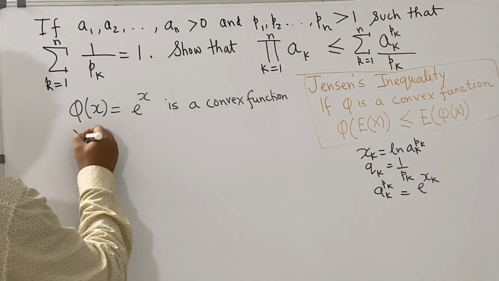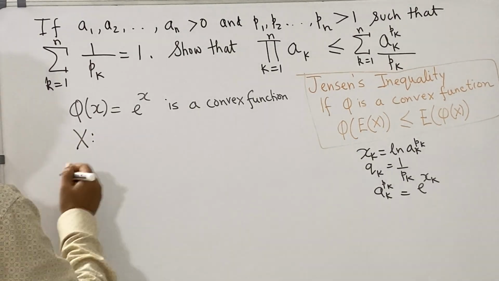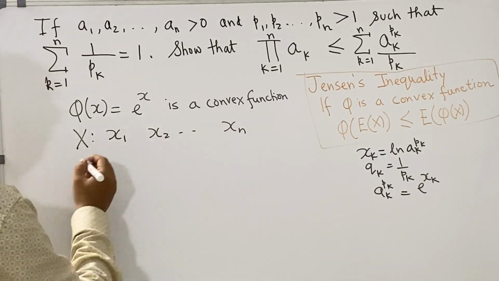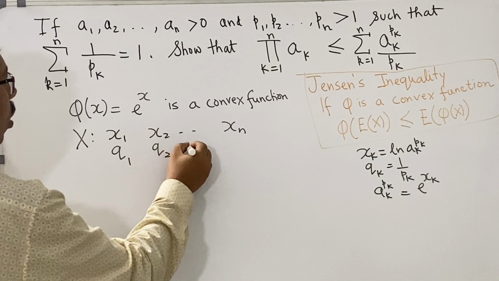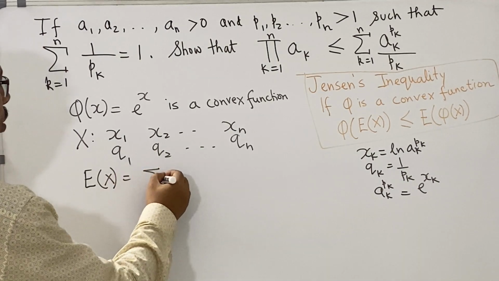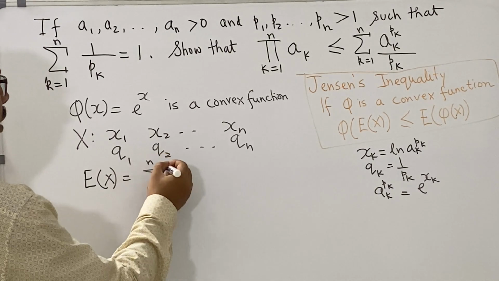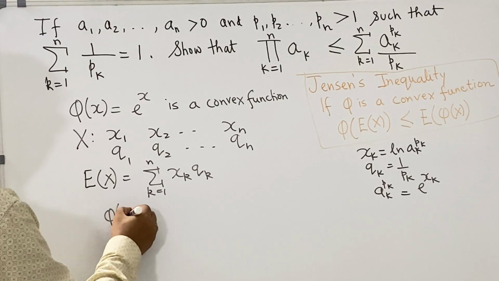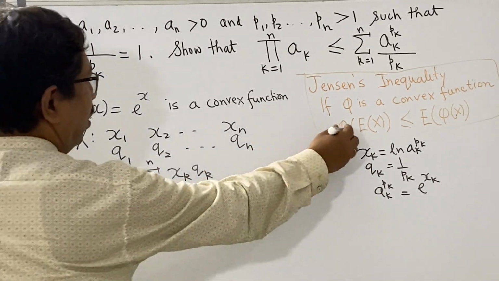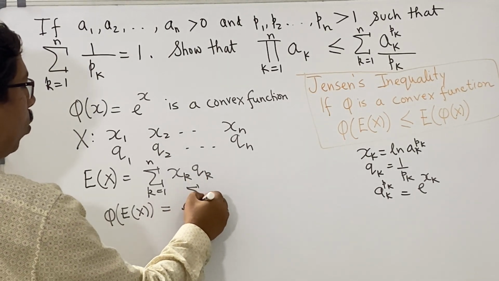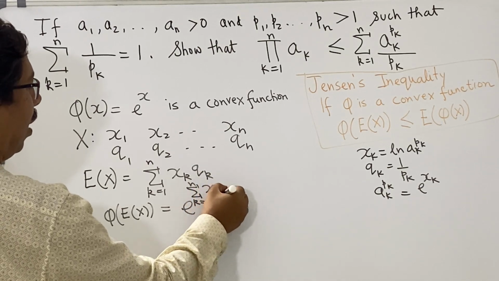So, let capital X be a random variable which takes the values x1, x2, ..., xn with probabilities q1, q2, ..., qn. Now, we can apply Jensen's inequality. The expected value of X is the summation of k equal to 1 to n of xk qk, and therefore phi of the expected value of X, which is the left hand side here, is e to the power summation k equal to 1 to n of xk qk.